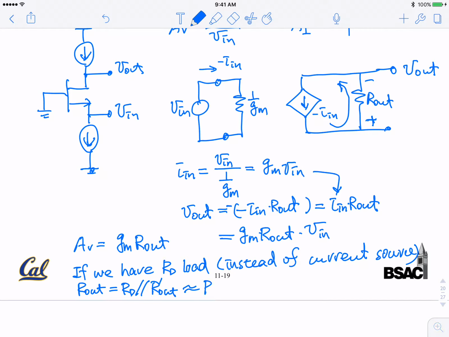It's approximately RD. In this case, Av is equal to Gm times RD. Does it ring a bell? Gm times RD. Have you seen it before? Looks familiar?